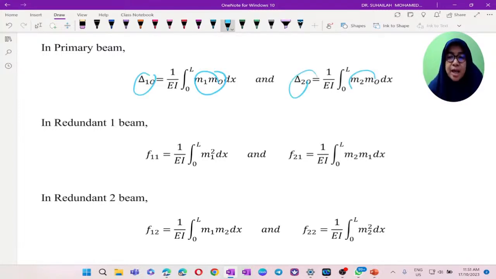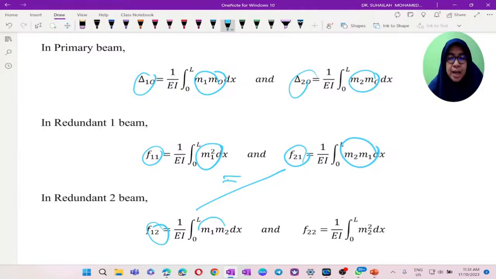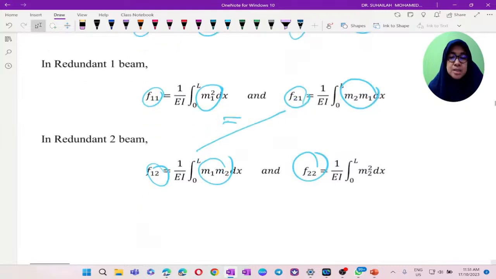For 2 naught, we use M2 M naught. 1 1 means M1 squared. 2 1 means M2 M1. 1 2 is equivalent, M1 M2, and F22. So 6 values, 5 calculations, because F12 and F21 are the same.